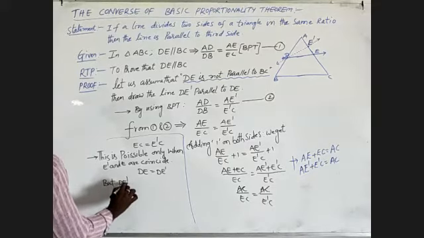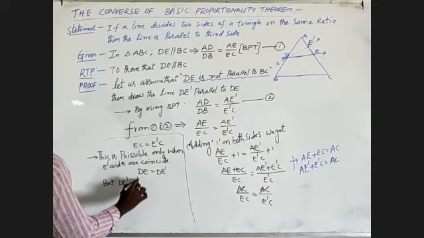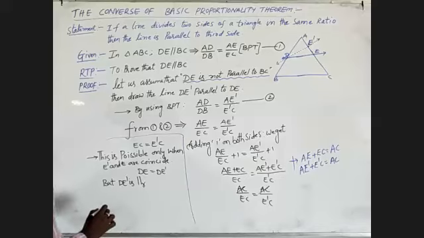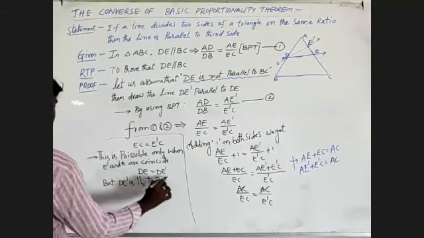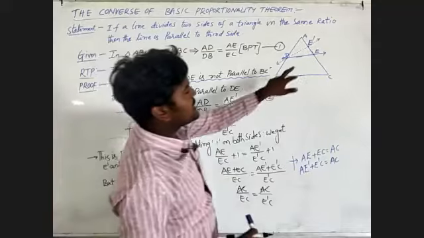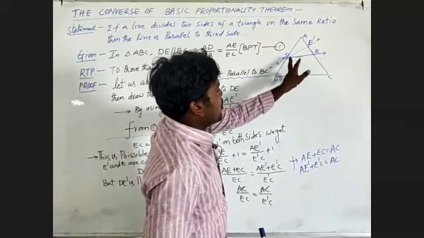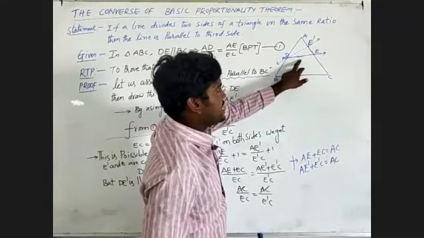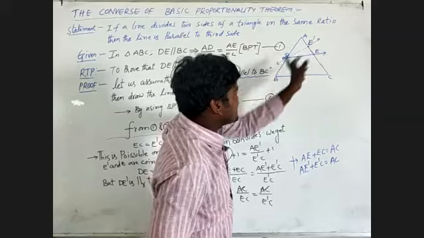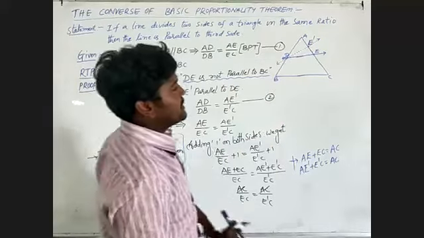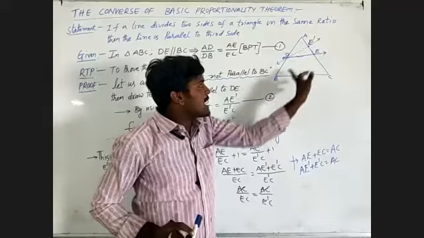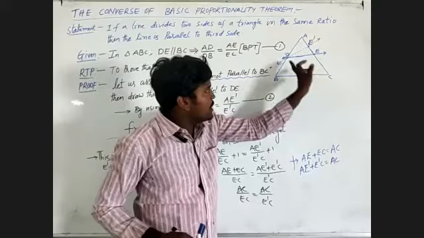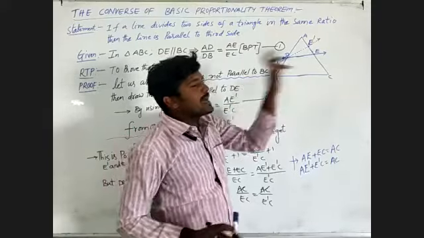But DE dash is parallel to BC. When both coincide, DE dash is also parallel to BC, which means DE is also parallel to BC.